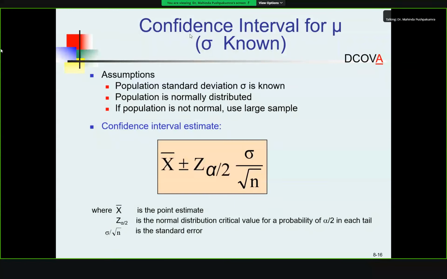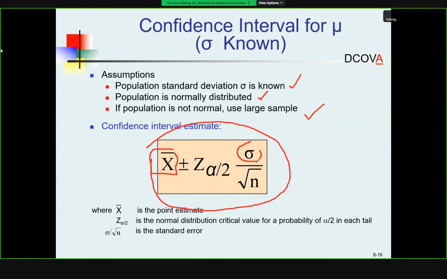This is the formula you have to use to construct confidence interval. The assumptions are population standard deviation is known, and the population is normally distributed. If the population is not normal, we can use a large sample. Then X bar is sample mean. This is population standard deviation, and sample size.